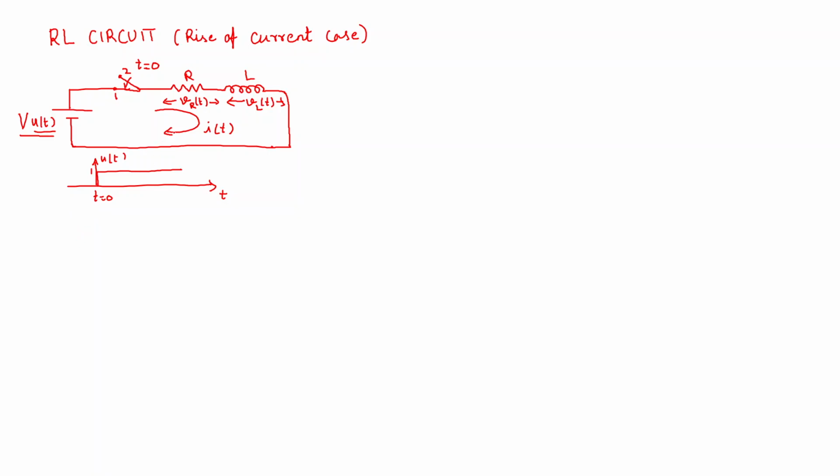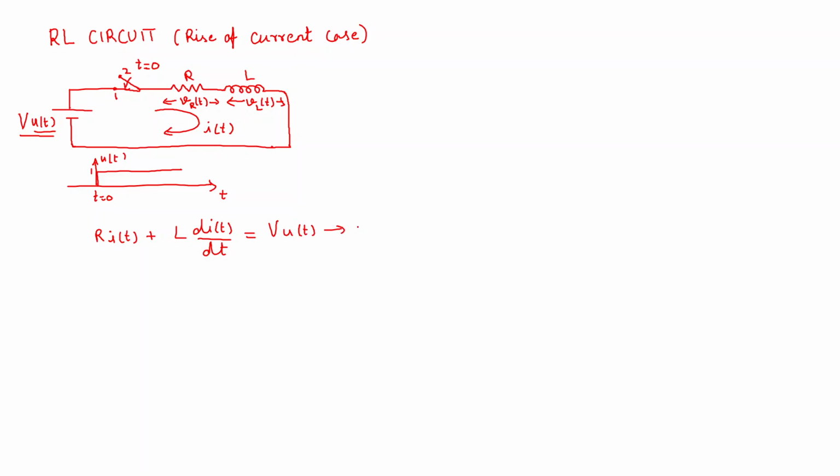Kirchhoff's voltage law states that the voltage drop across this resistance and this inductance is equal to the input excitation V into u of t. So the differential equation is R into i of t plus L into di of t by dt, which is the voltage drop across the inductor, equal to the input V into u of t.